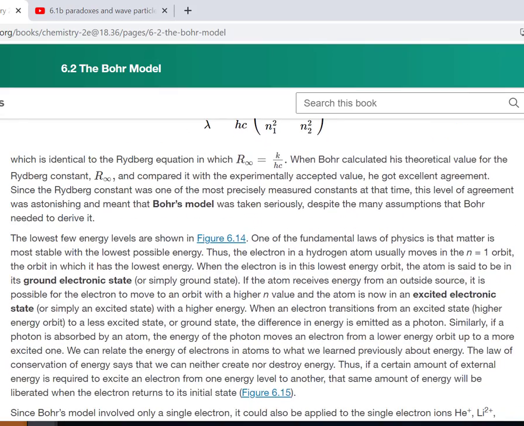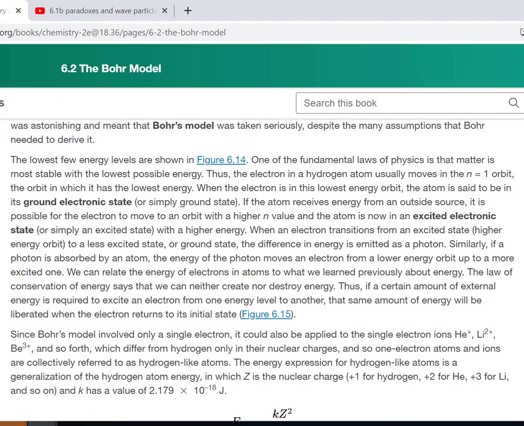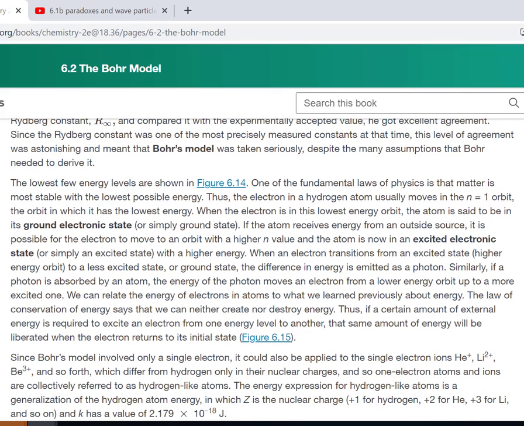So this is called the Bohr model of the atom. The idea here is that we have what's called a ground electronic state, which is where the electrons are in the lowest possible energy level. We'll talk later in this module about what that lowest possible energy level is.